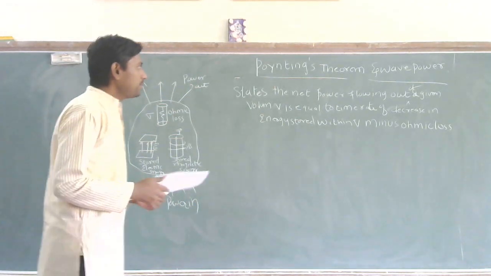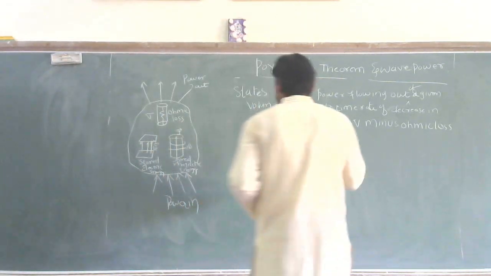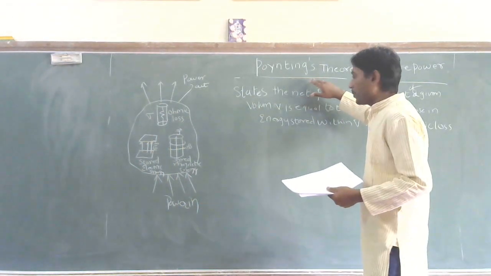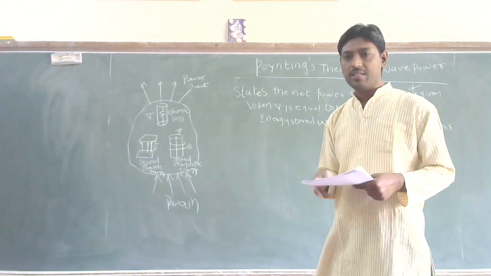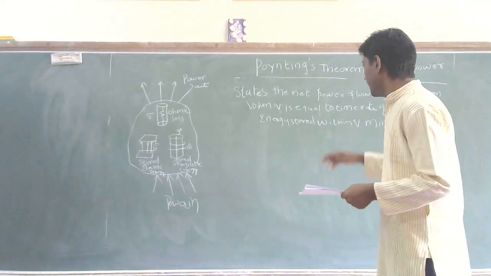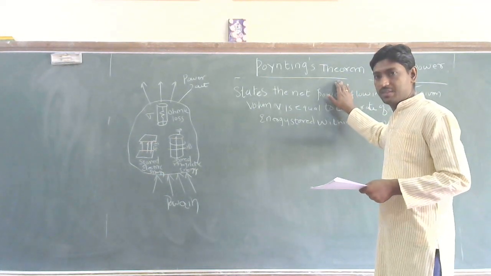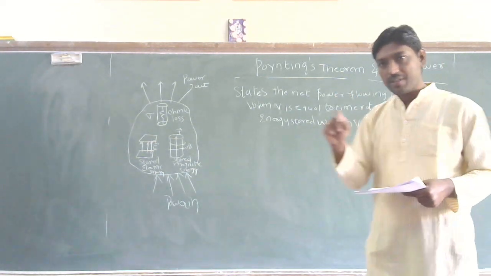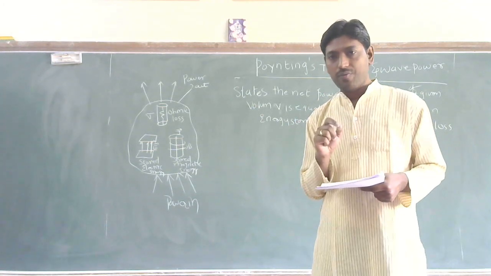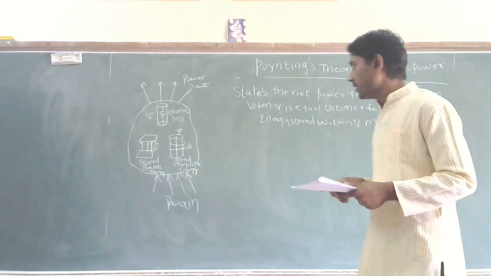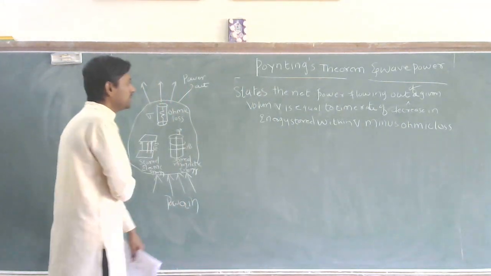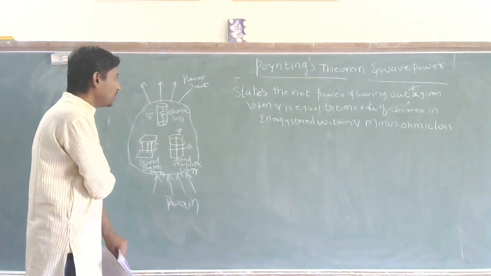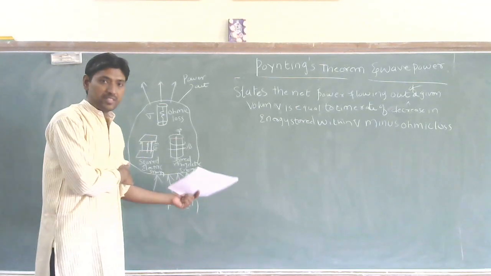Now the Poynting theorem will tell you about the direction of propagation, the direction of the flow of energy. It also tries to give the power flowing out of a volume, or a power density.